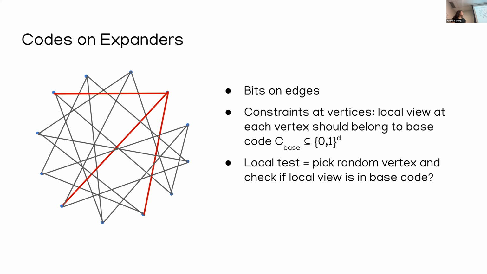Actually, it turns out that for generic expanders, this test is maybe not so good. Let's see why. We can take a vertex and remove the constraints there. Now this defines a bigger code, because you have one fewer constraint and the same number of edges.